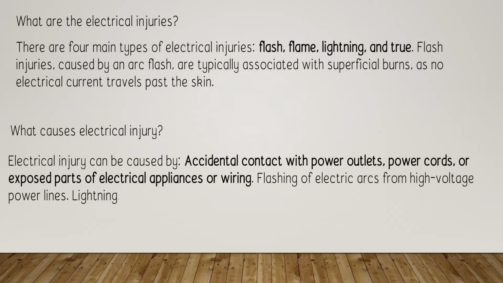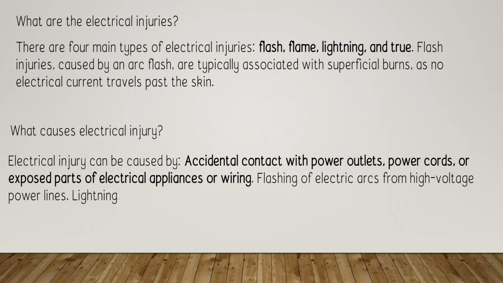So in this topic, first of all, what are the electrical injuries? First of all, we are going to know about what are the electrical injuries. There are four main types of electrical injuries. They are flash, flame, lightning and true.